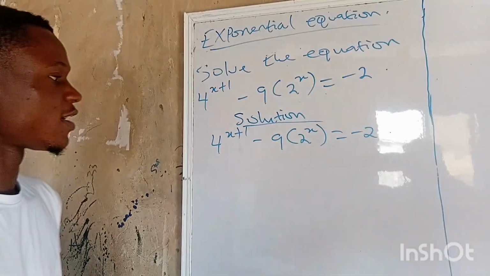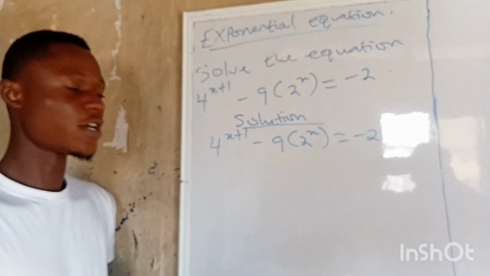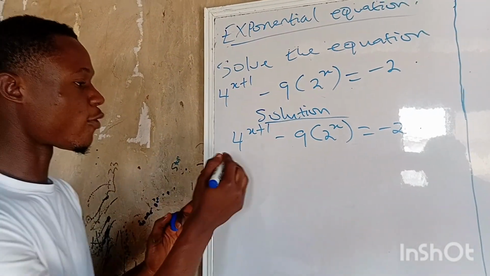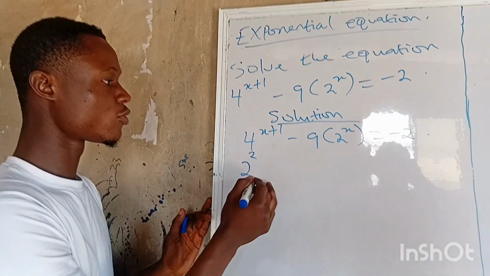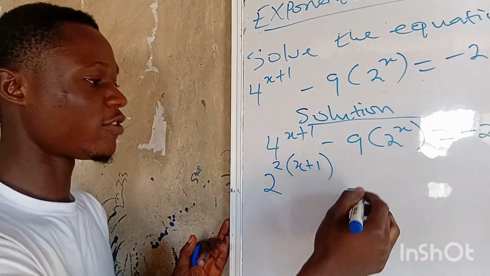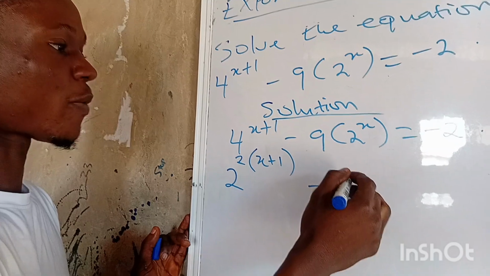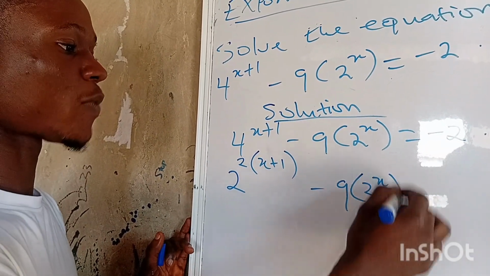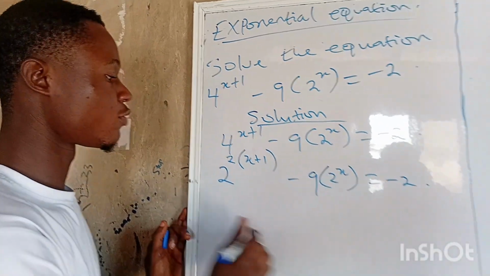First thing to do is let's take the index of 4 first. So when taking the index of 4, which is 2^2, we have (2^2)^(x+1) − 9(2^x) = −2.